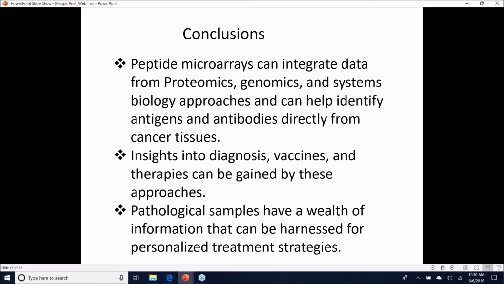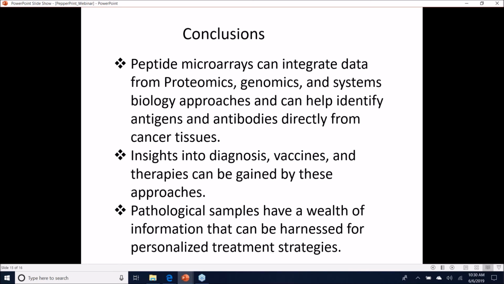And ultimately, we believe that these pathological tissues, such as cancer tissues, have a tremendous amount of information that can be harnessed, not just for a personal patient, but these therapies, such as antibodies or vaccines, can be used for other patients that have similar mutations as well.